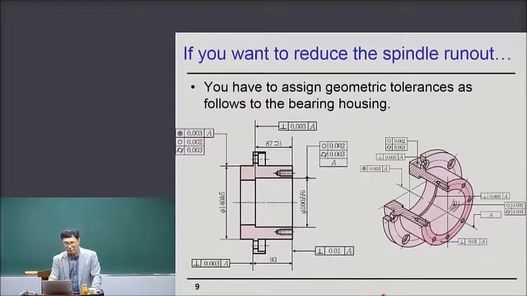If you want to reduce the spindle runout, then you have to assign geometric tolerance as follows to the bearing housing. So these are all the symbols for geometric tolerance. I'm going to explain them one by one in the next slides.